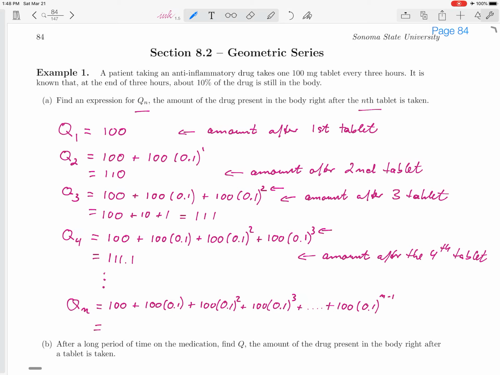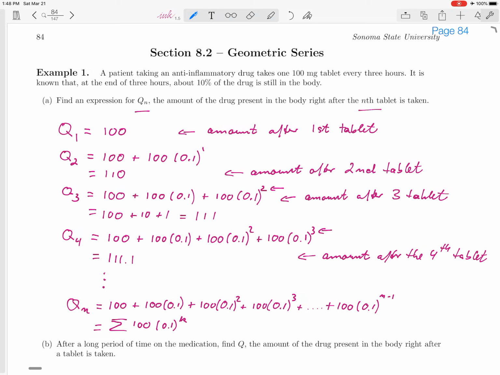There is a nice notation for this type of long sum, sigma notation, summation notation, and the way that works is we're using the Greek letter sigma, and we are writing down all of our terms, 100 times 0.1 raised to the kth power, because that is really the pattern that we are seeing.